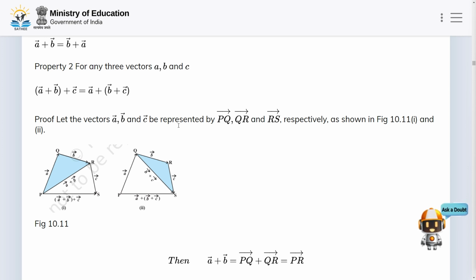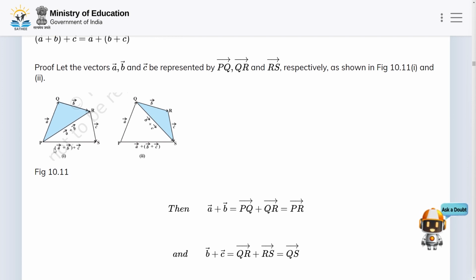Now PQ, QR and RS are the vectors A, B and C respectively, as shown in the first part of the 10.11 diagram, and the second part also. Now, as you can see, A plus B can be represented by the sum of PQ and QR, which is equal to PR.